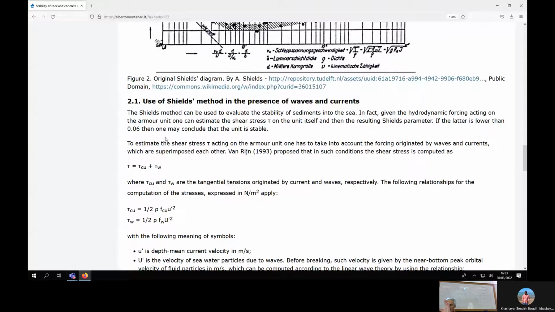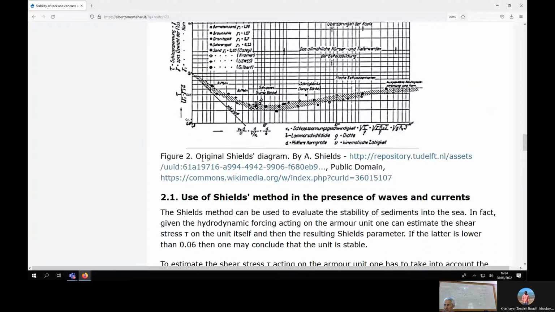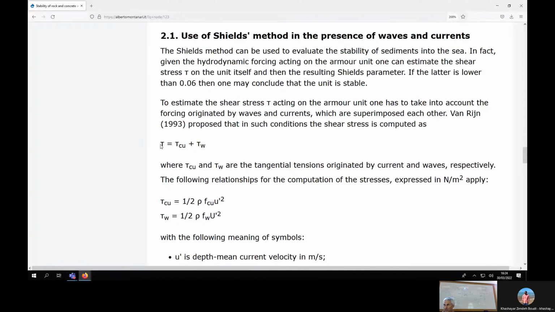But in any case, the literature gives us a couple of relationships under the assumption that we can apply the superposition principle. So as you see, the total shear stress is given by the sum of the shear stress due to currents and the shear stress due to waves.